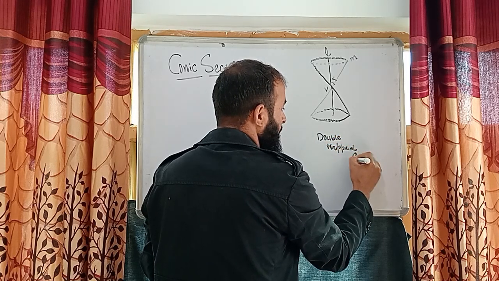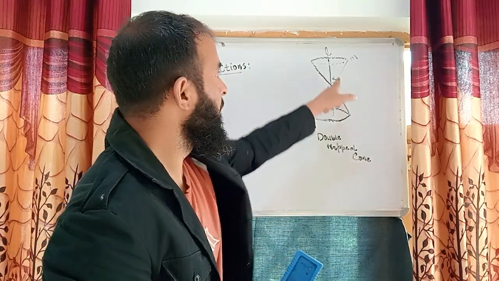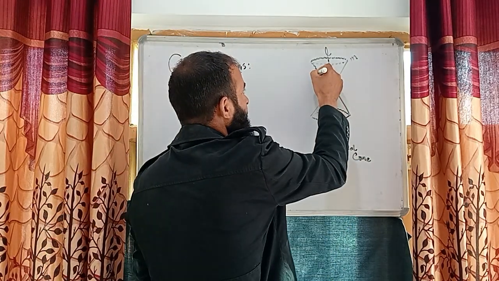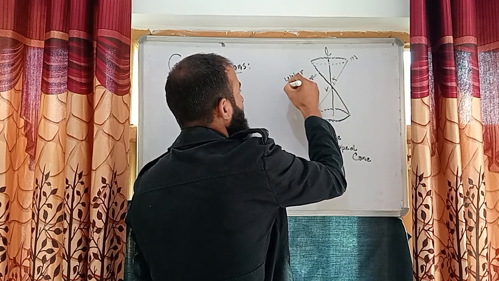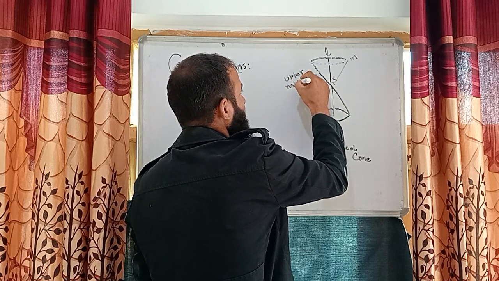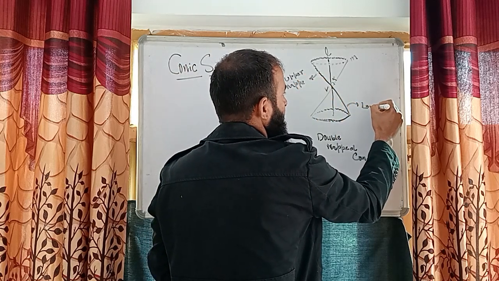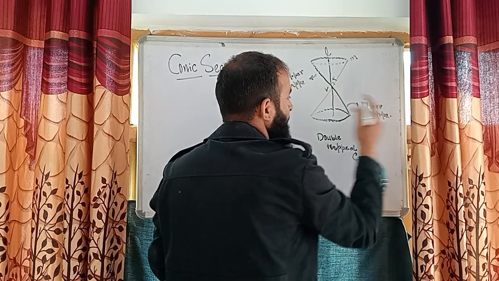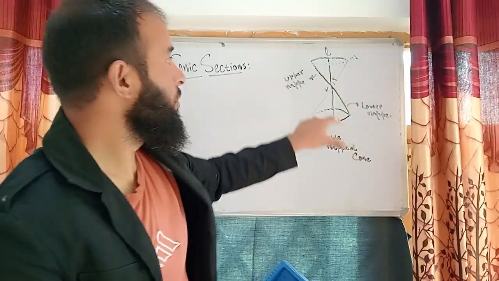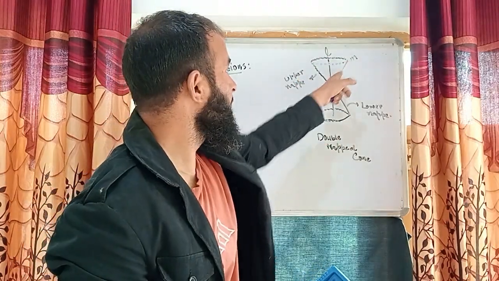This is known as a double-napped cone, where this is called the upper nappe, and this one is called the lower nappe. And you see this was the fixed line.